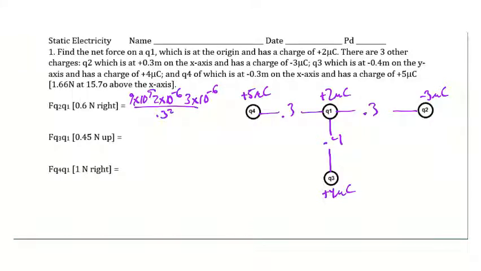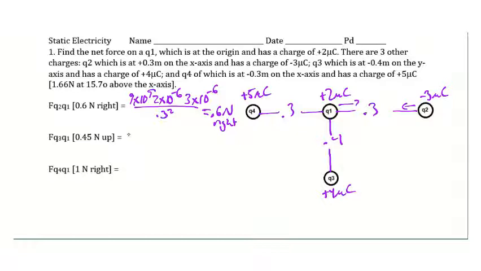Now, before we do any math, I can tell you right away that these two are going to be attractive. Because Q1 is positive and Q2 is negative, we know opposites attract. So we'll just plug that into our calculator. And we get 0.6 newtons. And that is going to be right.